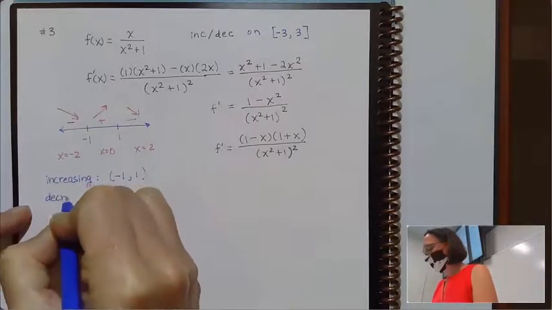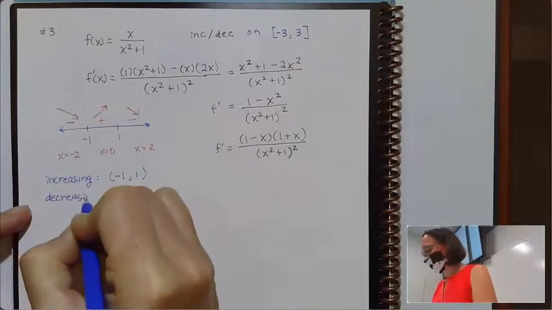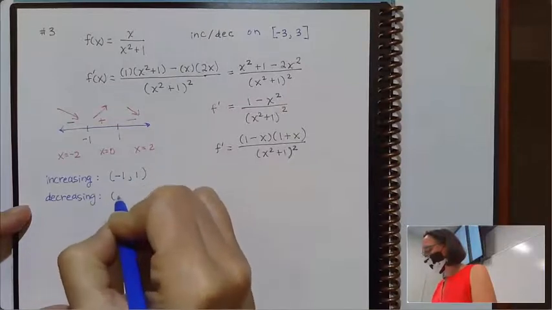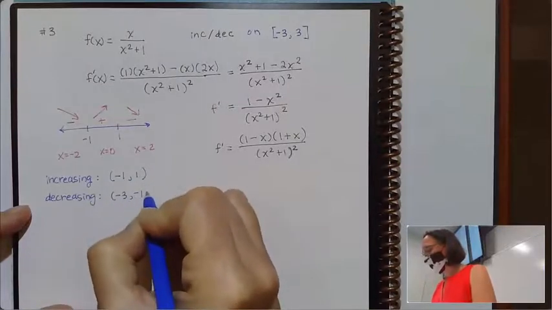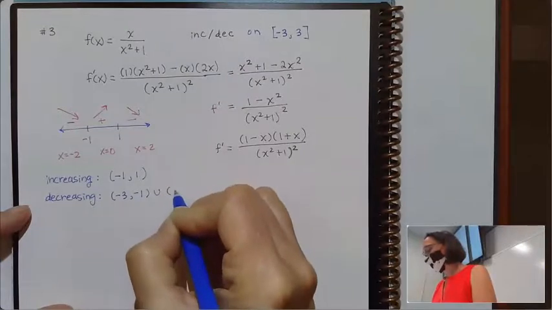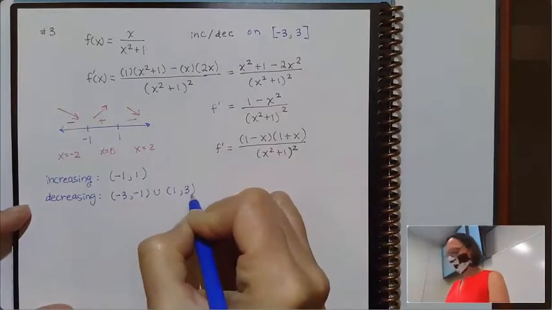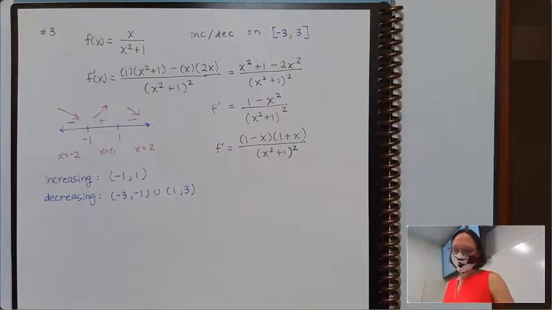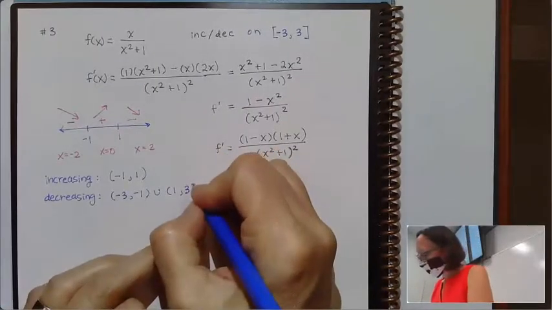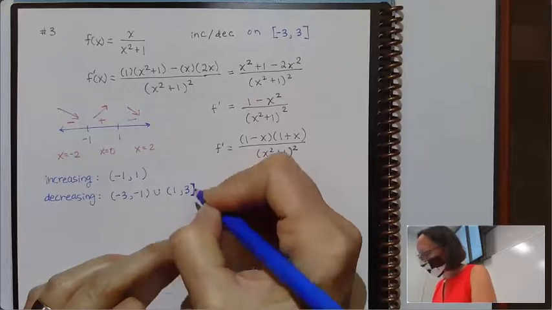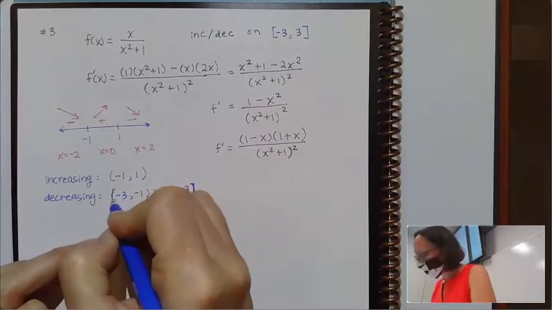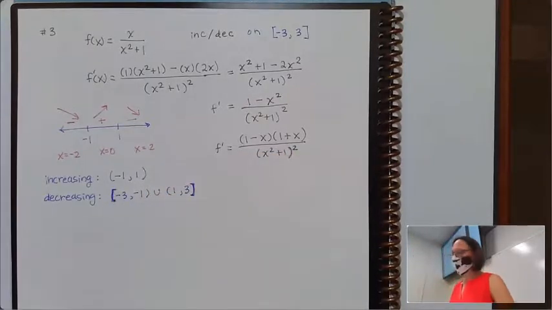But I would say that it's decreasing from -3 to -1 and from 1 to 3. I'm going to change my mind on that and make these 3s brackets.